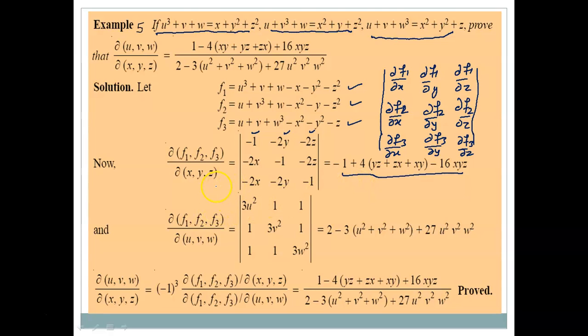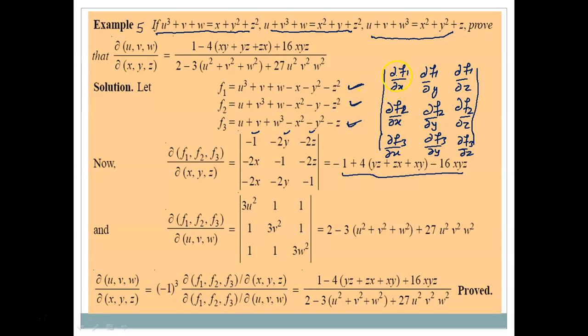Again we find the value of ∂(f1,f2,f3) with respect to the variables u, v, w. In this case, in place of x, y, and z, the determinant will have u, v, w, and you calculate the values from the same functions f1, f2, and f3.